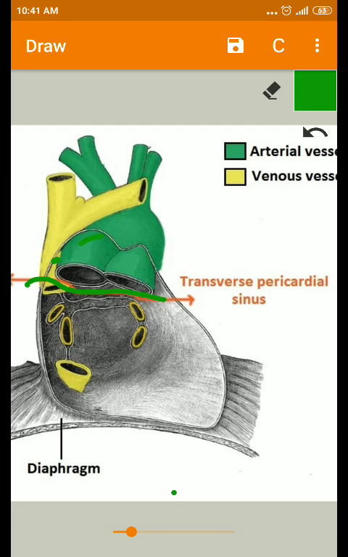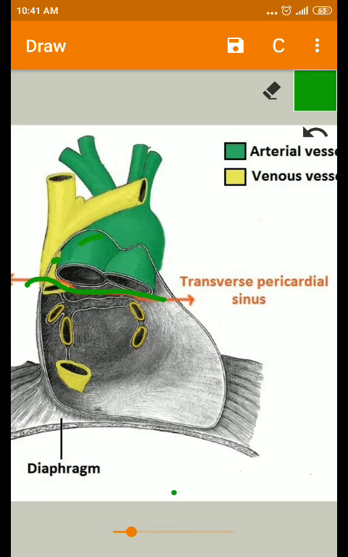During that kind of surgery, they will ligate the arterial end, that is the pulmonary trunk as well as the ascending aorta. They have to identify this because of the transverse pericardial sinus.